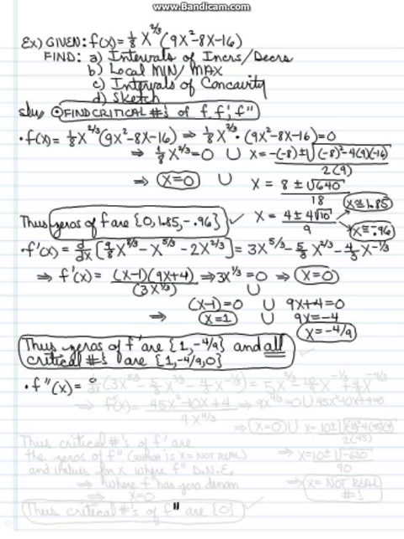Now let's figure out what f double prime of x is. Well, I took f prime of x before I factored it, and I used that to take the derivative for f double prime. I got 5x to the 2/3 minus 10/9 x to the negative 1/3 plus 4/9 x to the negative 4/3. And then I found that I couldn't factor that.